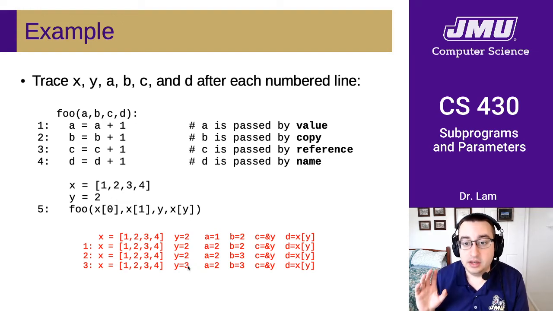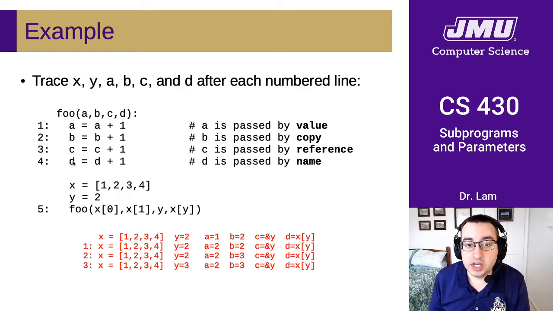Okay, D is the most complicated. So D is passed by name, which means that when we get down to this point, we are literally going to increment x sub y. And at this point, y is 3, which means that we are going to be incrementing the last element in x.